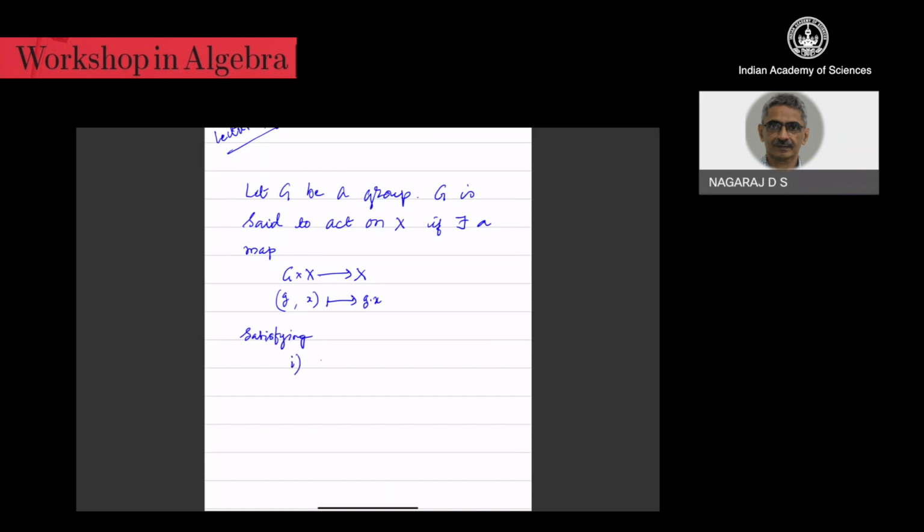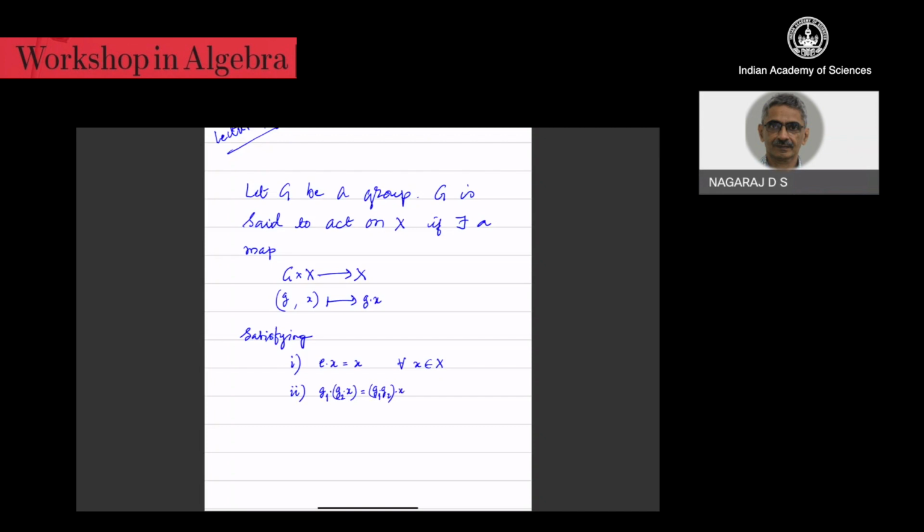One, the identity element of the group will take everything to itself. That means e times x is x for all x in X. Two, g1 acted upon g2 dot x is the same thing as you look at the multiplication g1 g2 in the group and take that element, g1 g2, and act on x.